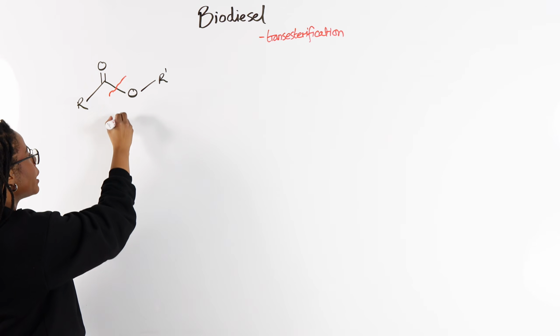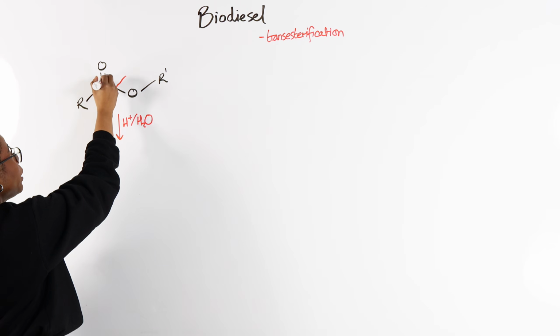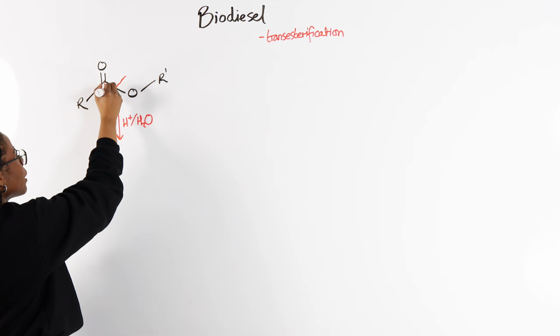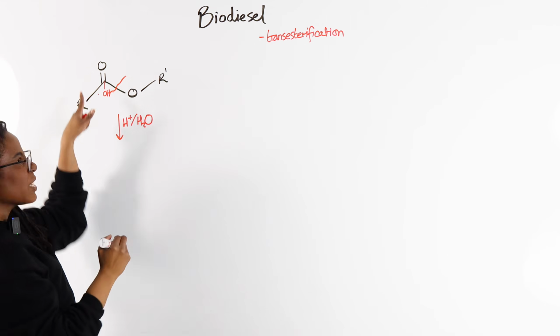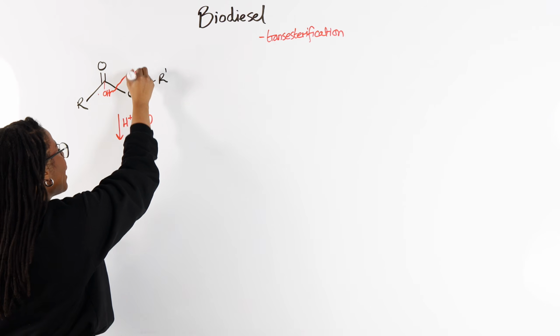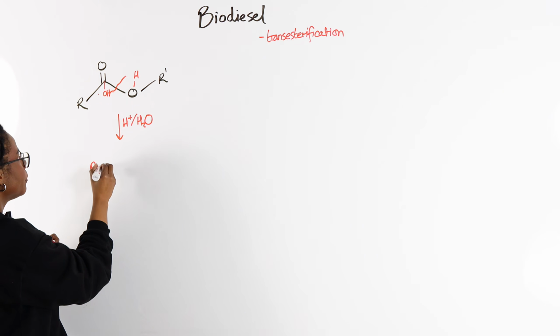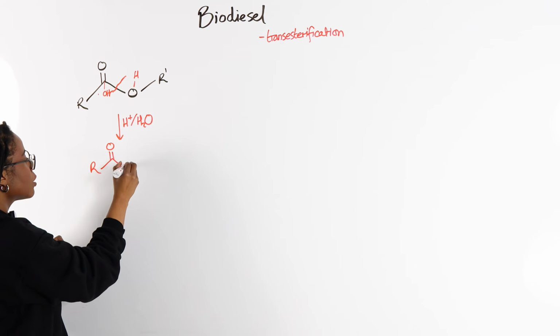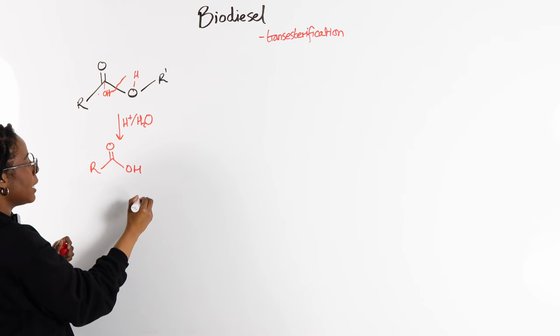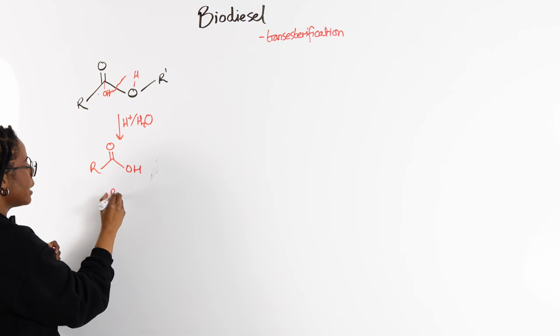So if we were doing this under acidic conditions, so using H+ with H2O, then we would give an OH back to the carboxylic acid part, the acyl part, and then we would give an H back to the alcohol part. And so our products would be a carboxylic acid and an alcohol.